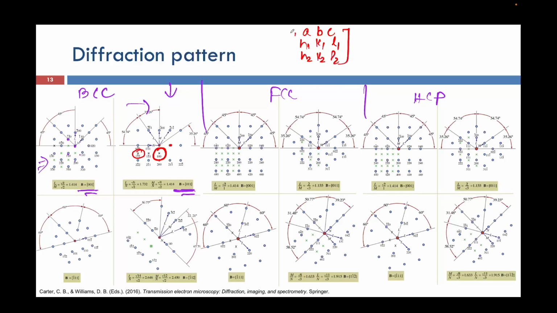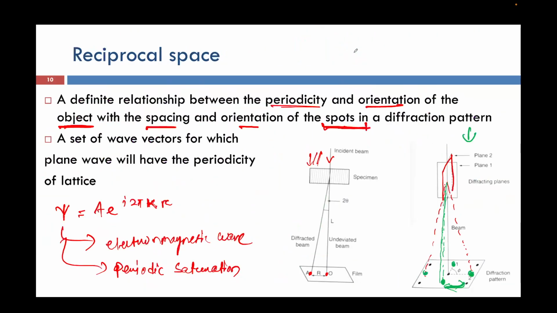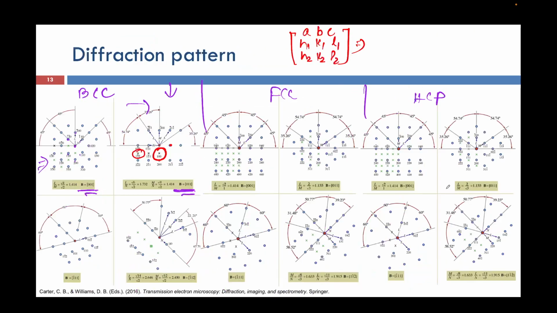Why am I putting this? Because this zone axis is nothing but the line where two planes meet. This zone axis is considering all the information from two planes, and when two planes intersect, what will be the result? The result is a line, like we saw it here. Okay, when two planes are intersecting, the result is a line. So since two planes are intersecting, how will we derive the zone axis?